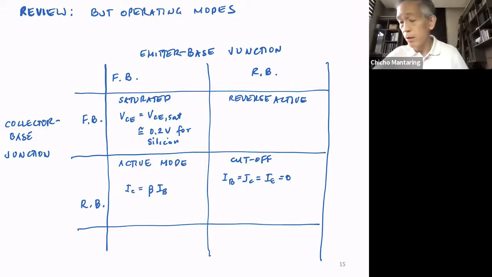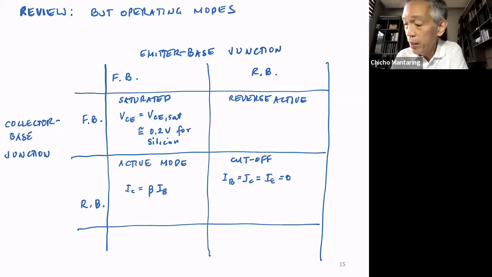In this quadrant, when the emitter-base junction is reverse biased and the collector-base junction is forward biased, you call this reverse active. And this is not normally used.